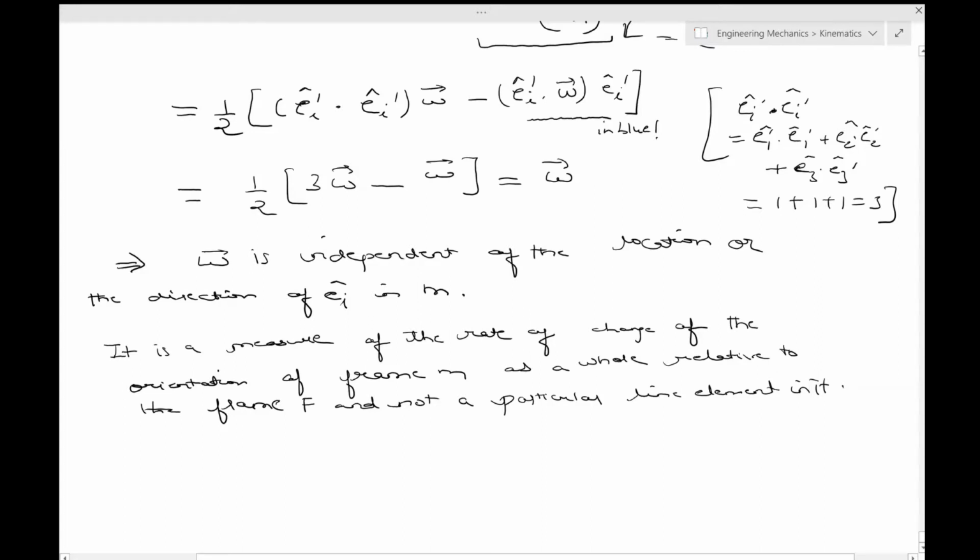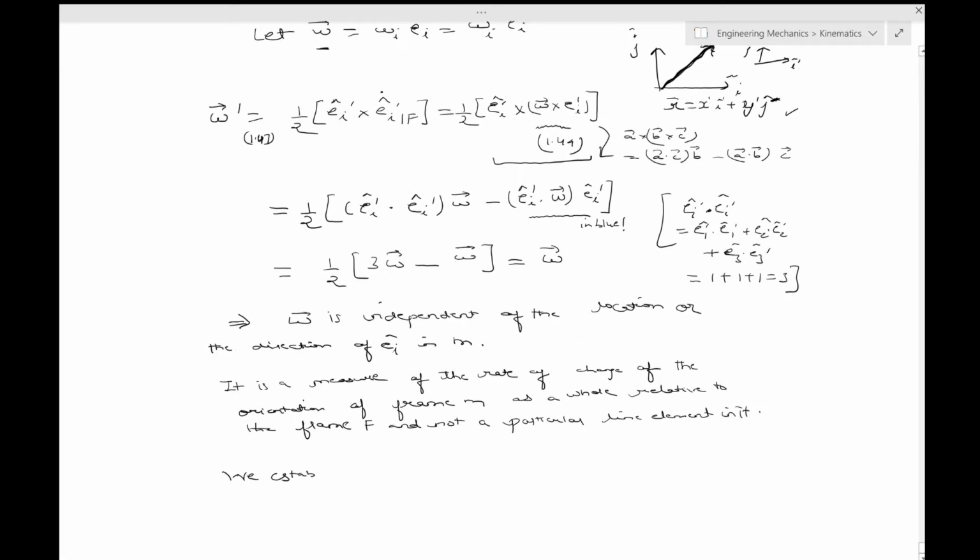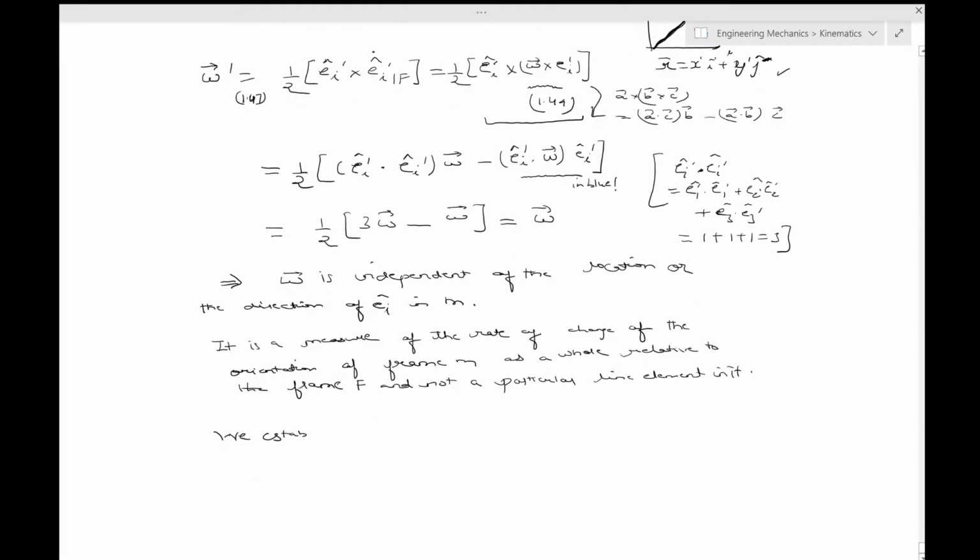so now we can establish a general relation between A dot M and A dot F for an arbitrary vector A. Let's see. Let me just do this now. I think I require more screen.